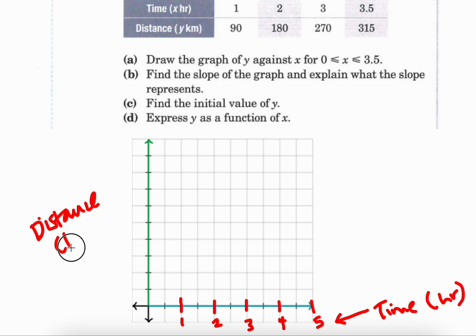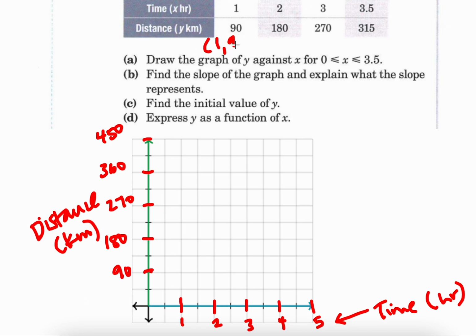This is my distance in kilometers, and it's going up by 90 each time, so let's make sure each jump is equal: 90, 180, 270, then 360, because it's multiples of 9: 4 times 9 is 36, 5 times 9 is 45, so 450.